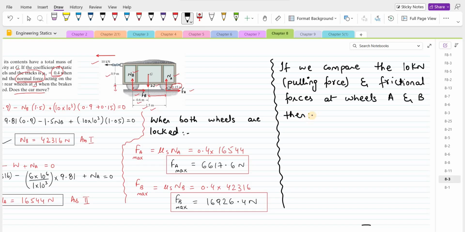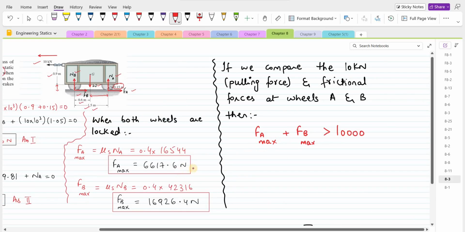Then the frictional force FA max plus FB max is clearly greater than 10 kilonewtons, which is 10,000 newtons.